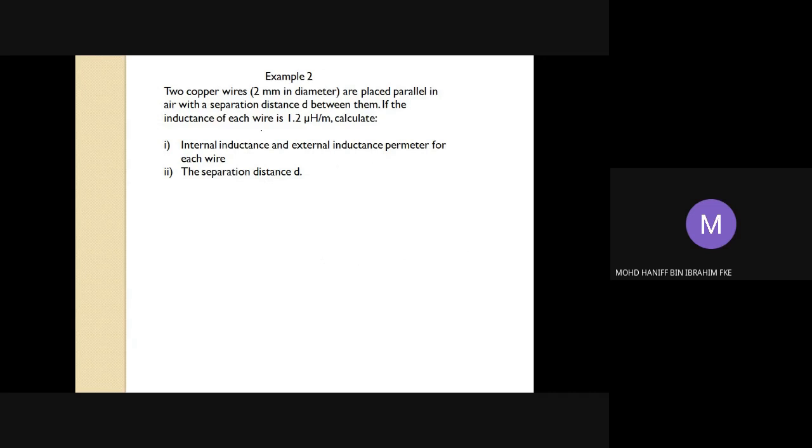If the inductance of each wire is 1.2 microhenry per meter, calculate, number 1, the internal inductance and external inductance parameter for each wire, and number 2, calculate the separation distance D.